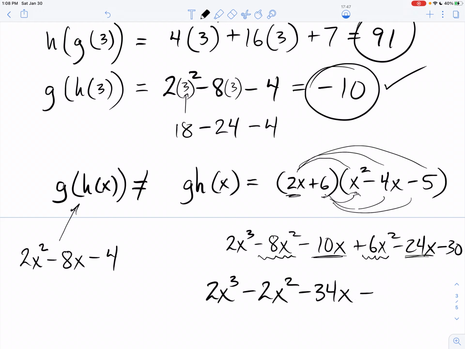And then the minus 30, don't forget about that. So you can see the composite turned out to be this, but the product, when they say the word product, meaning when you're multiplying, turned out to be this. That's totally different.